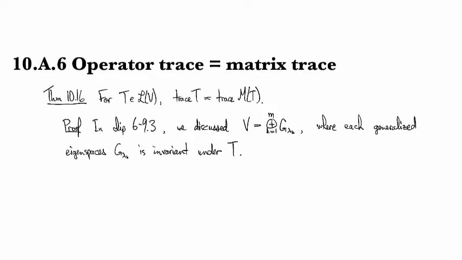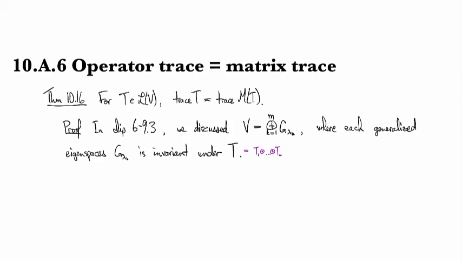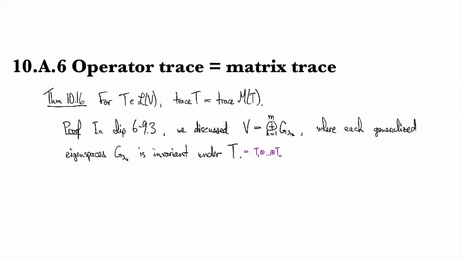You might even see this in some books, where they use the same symbol for breaking apart the operator. We don't need to get into that here, but it kind of helps to understand what's coming up next, which is that the matrix of T decomposes as a block diagonal matrix.